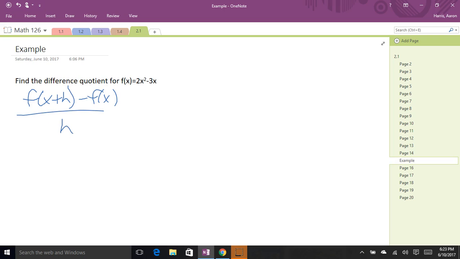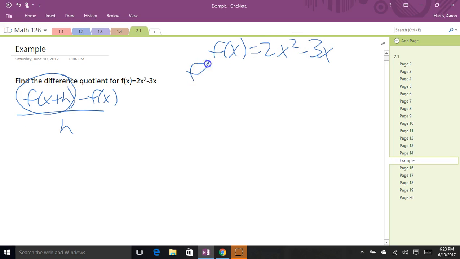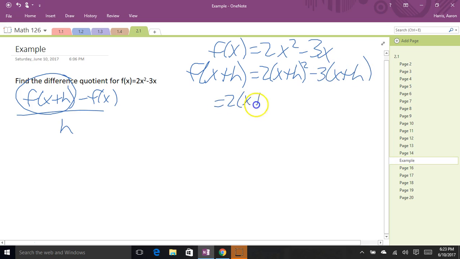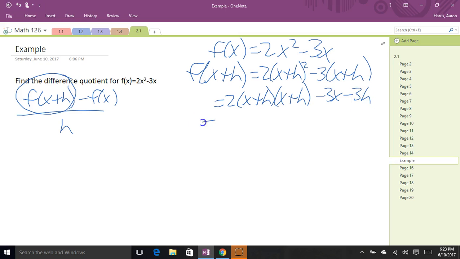Okay. And I'm going to go to the side and I'm going to do that first. So I'm going to take my f of x. I'm going to find f of x plus h first. So 2 times x plus h squared minus 3 times x plus h. So I've got 2 of these x plus h's. Distribute that, minus 3x minus 3h.